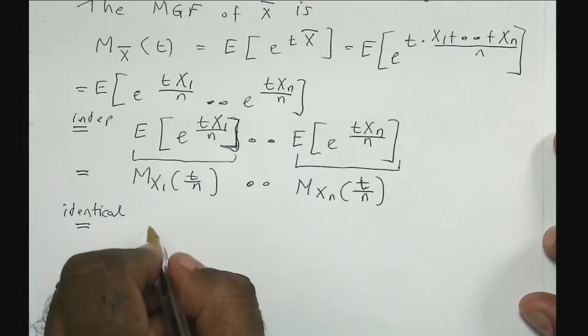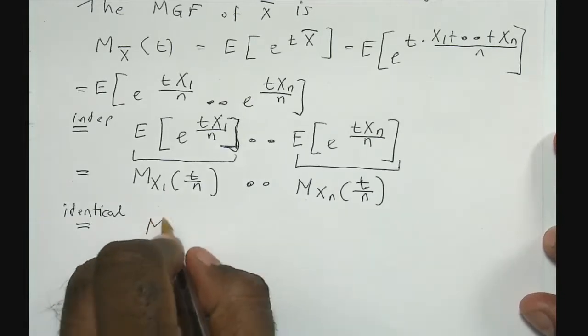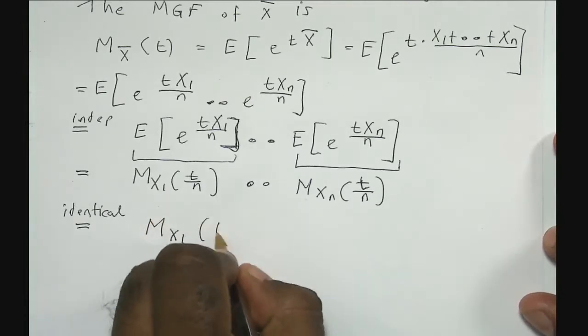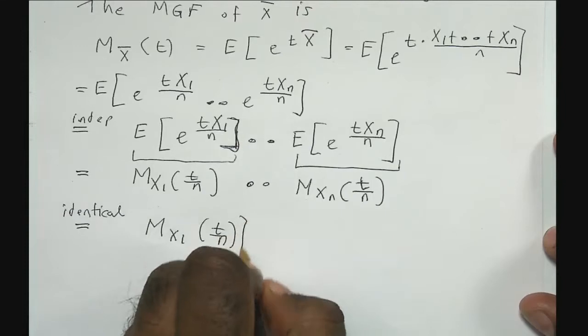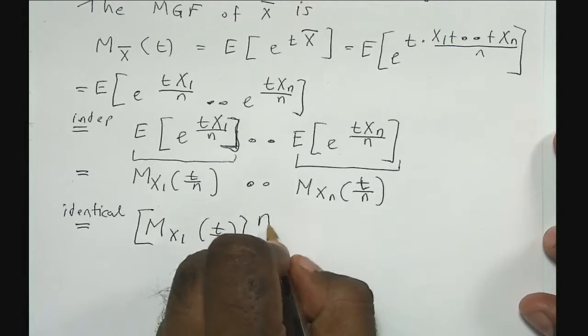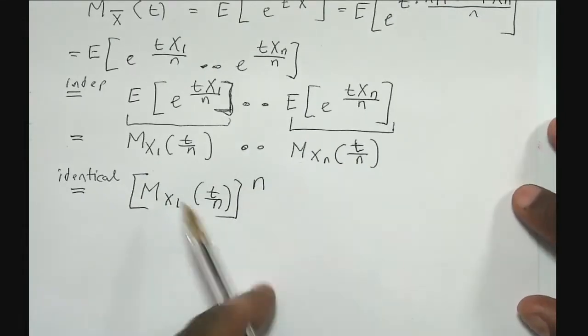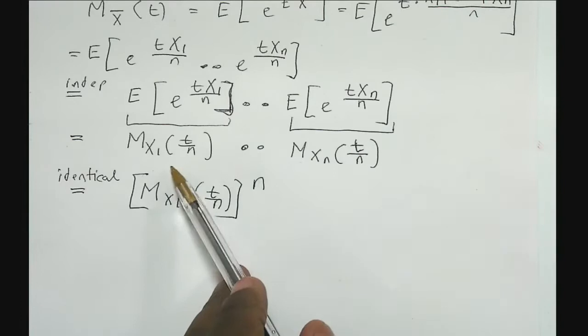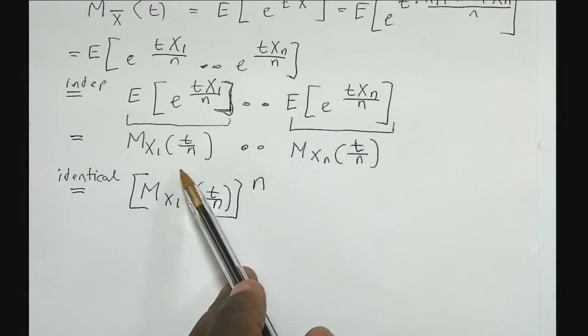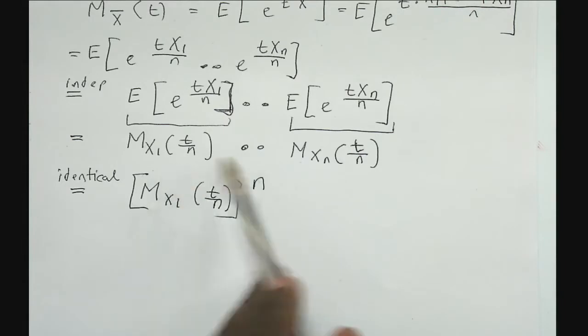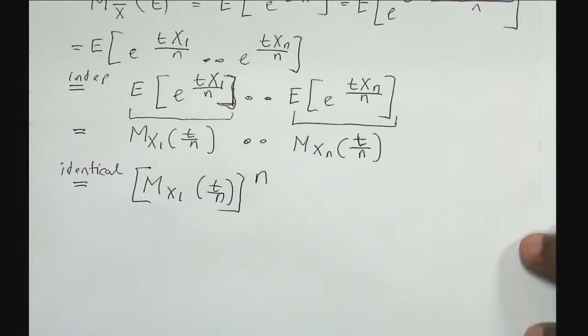In other words, you can write this as this, because you're taking the product of the same thing n times, right? So this is equal to this.